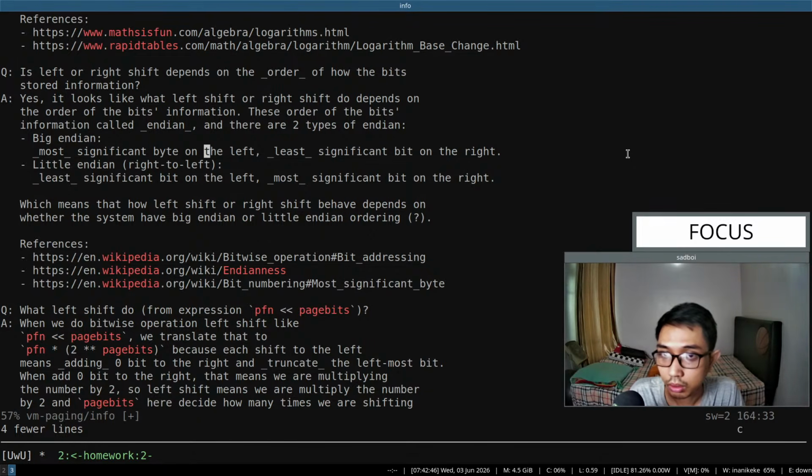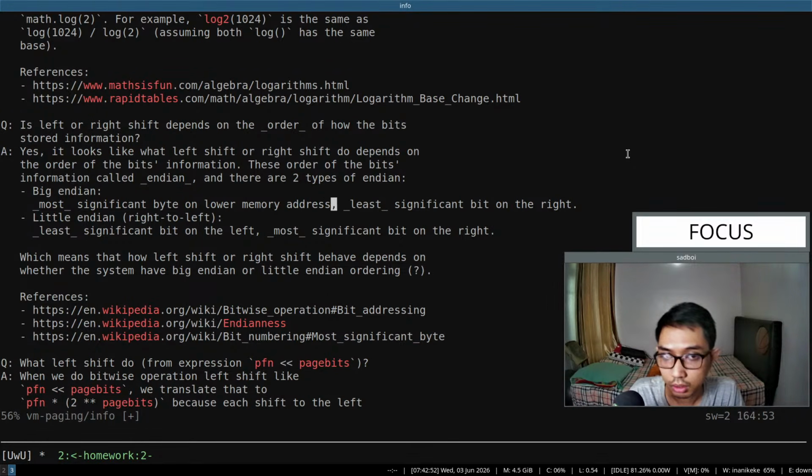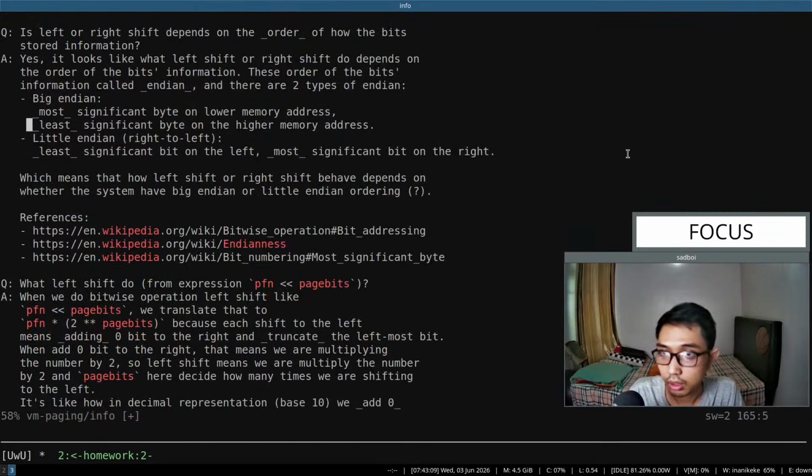And the other byte on the higher memory address. Maybe something like that.